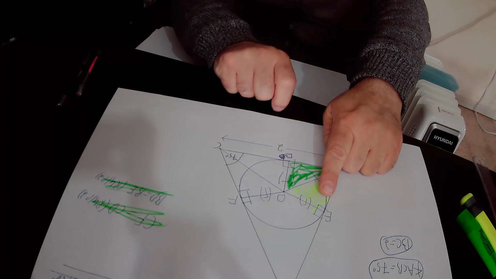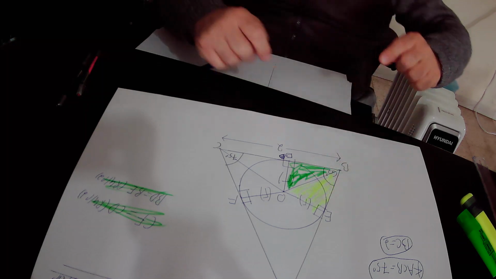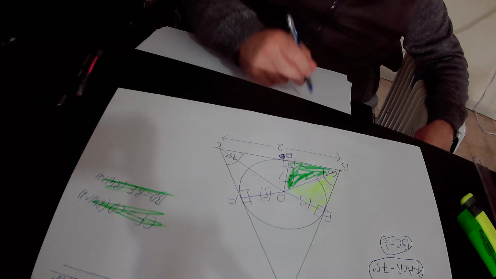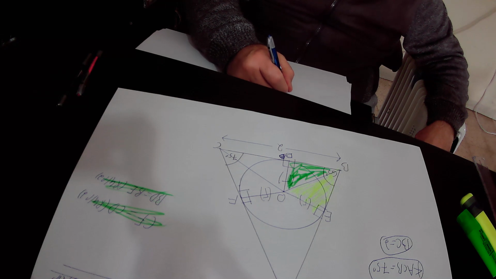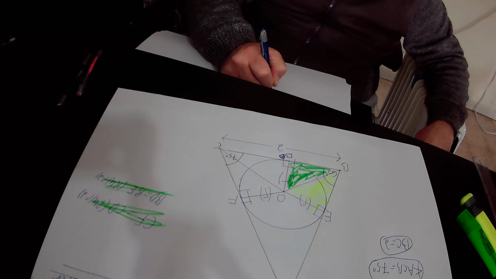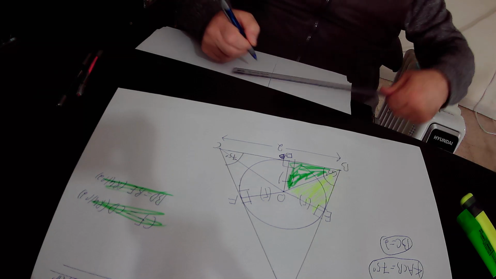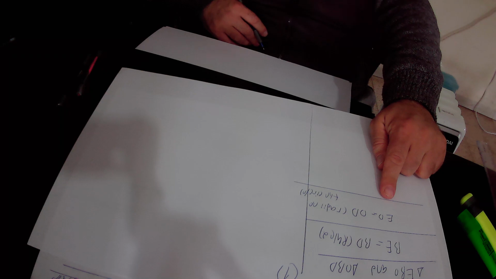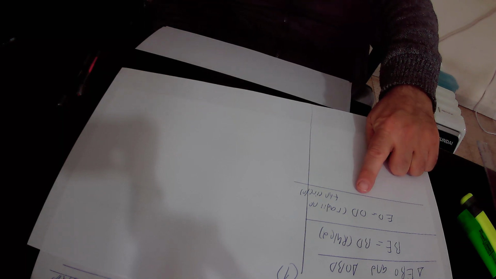So, side EO of the yellow triangle equals side OD of the green triangle.